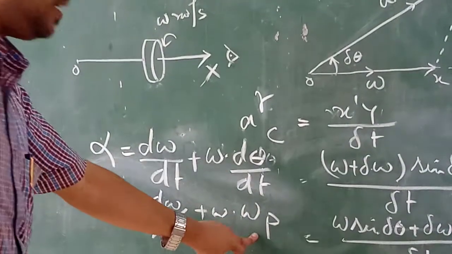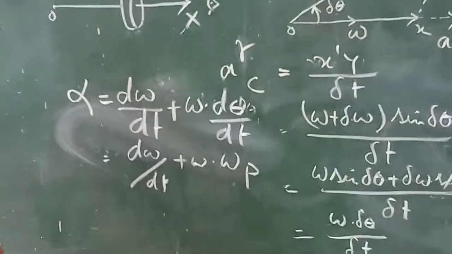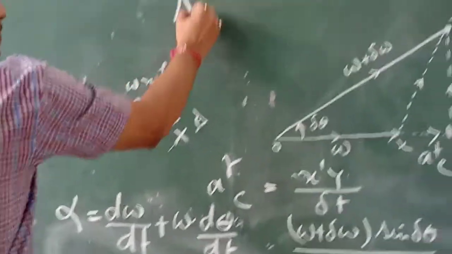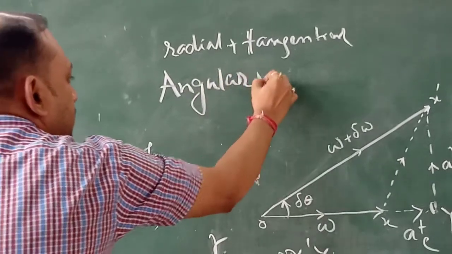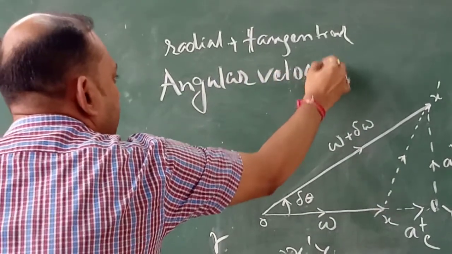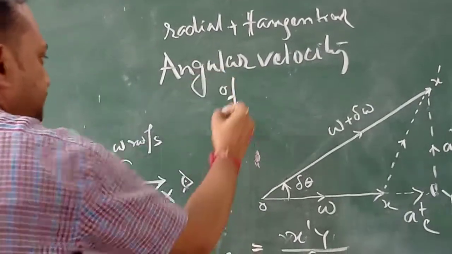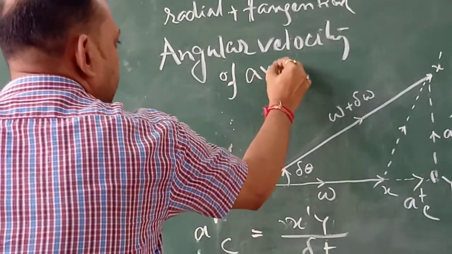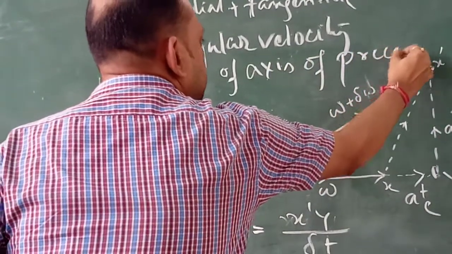This d theta dt is known as omega p, where omega p is known as the angular velocity of the axis of precession.